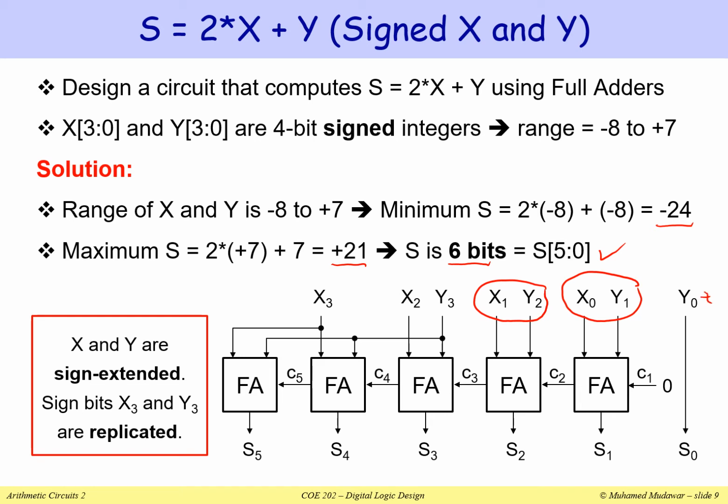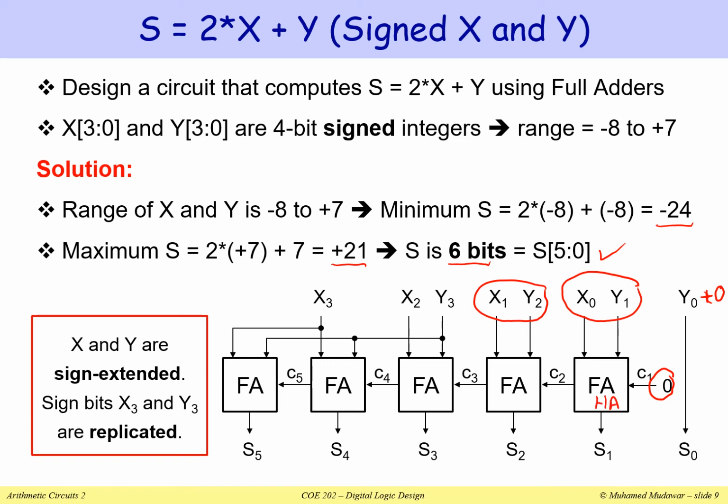Okay, so let me write here +0. There is no need for a full adder to add this. Also, because C1 is equal to 0, this full adder can be replaced with a half adder and can be simplified.